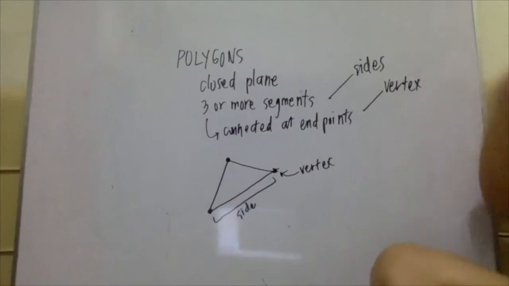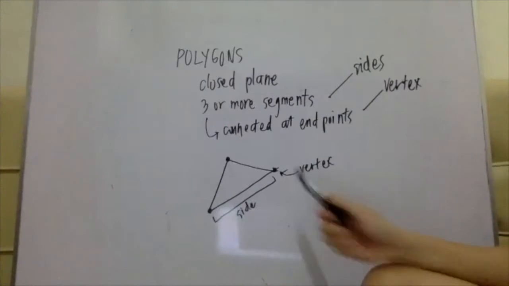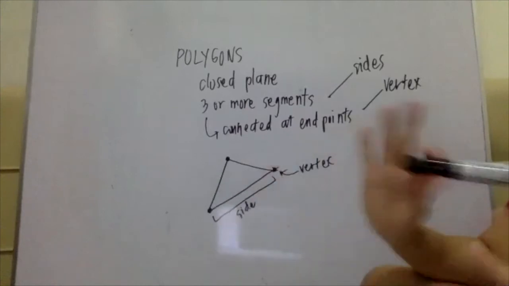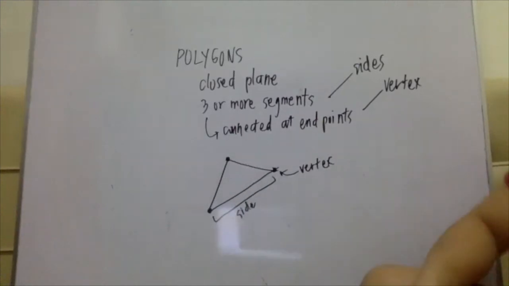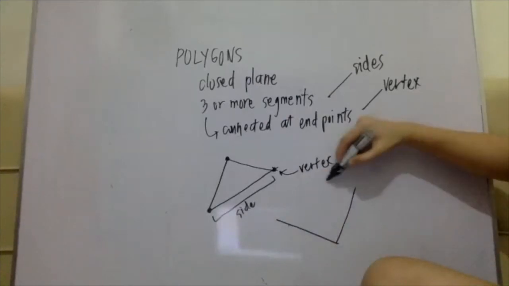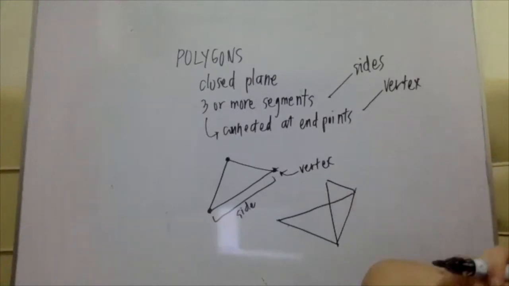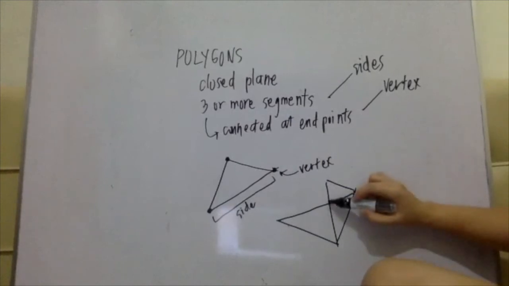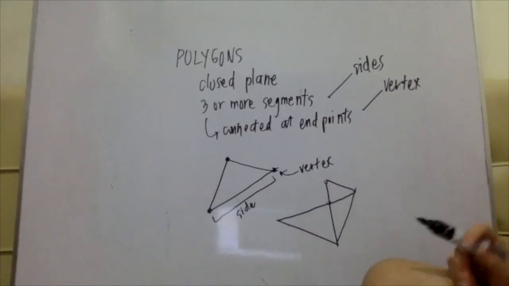Now, kapag meron kang polygon or meron kang lines, dapat wala silang other common point. Yung sides mo or yung segments mo is walang other common point aside from your endpoints. So, for example, if meron kang ganito, is this a polygon? No, okay? Hindi to polygon. Kasi pagdating dito, meron kang other common points aside from the endpoints.